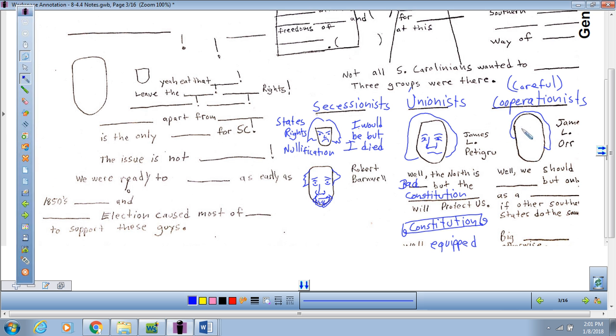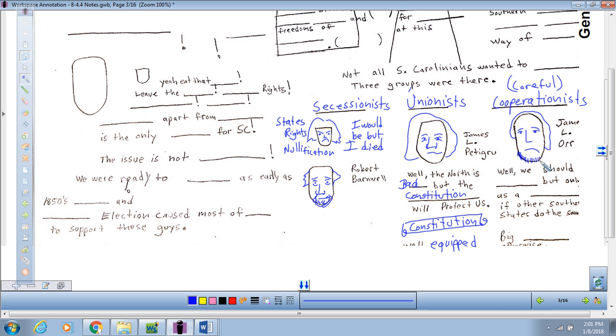As you're drawing him, I will give you hints. If I don't draw him correctly, he won't resemble this person. But the big thing about the cooperationists, they were careful. They only wanted to secede as a last resort.